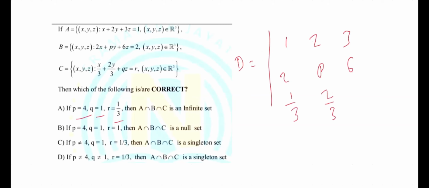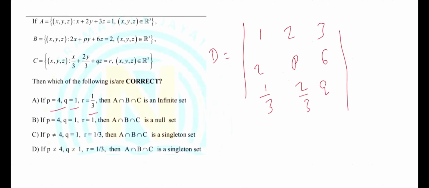So basically, we have to comment on p equals 4, q equals 1. So let's first calculate what the D value is, right? This is basically 1, 2, 3, then 2, p, 6, and if we multiply these values, that is 1 by 3, 2 by 3, and q.